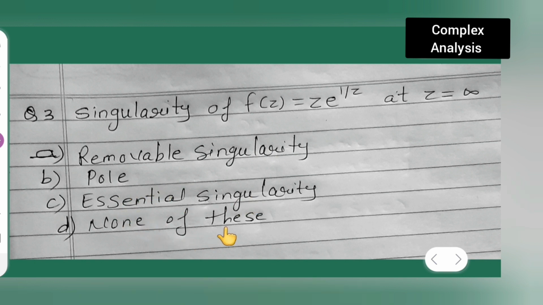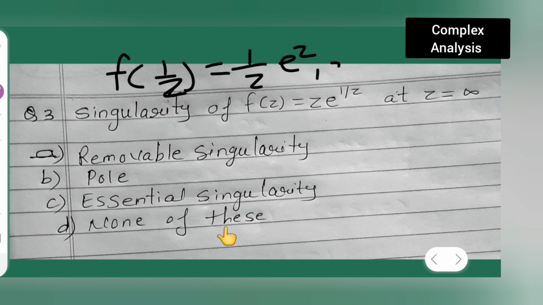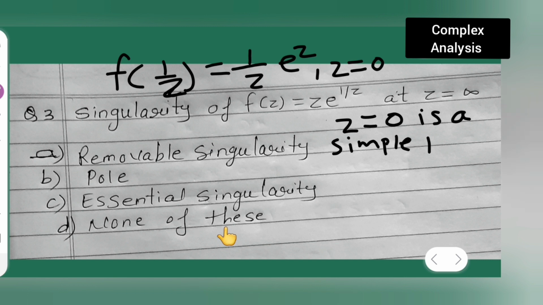Okay, so how to do this? So first, in place of z, plug 1 upon z, it is equal to 1 upon z e raised to power of z. Okay, so z is equal to 0. So what we have to do over here is, so basically z is equal to 0 is a simple pole of f of 1 upon z.